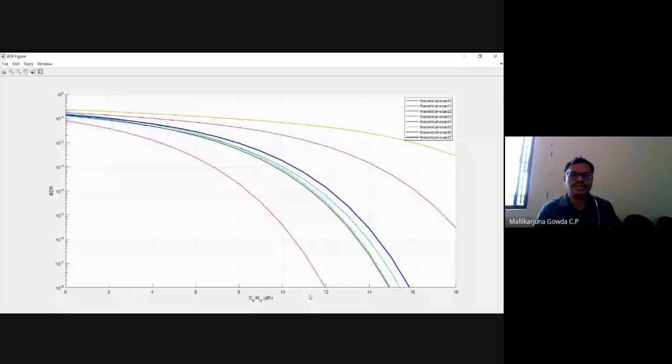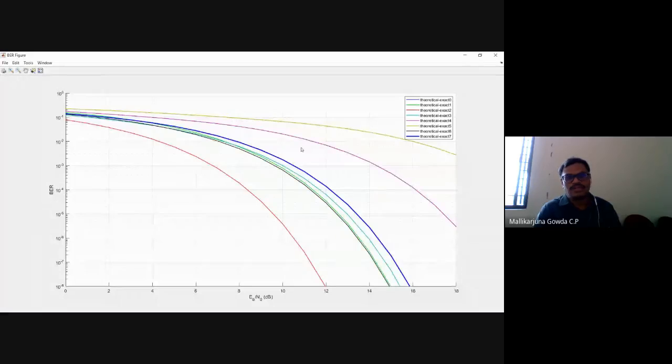Yeah, this is the graph where I have taken different things. Even in FSK, I took modulation order as 2, 4, 6, 8 and all. We'll be able to analyze, as the modulation order increases, what happens to the bit error rate, as well as Eb/N0. Fine.